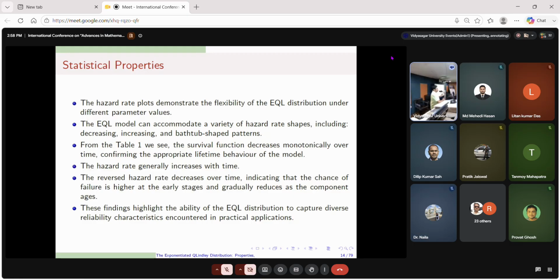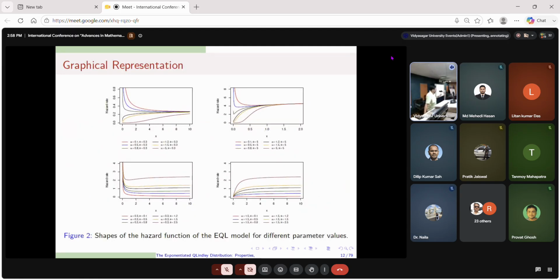Once you get a bathtub type shape, the survival function has very many applications. This type of distribution has many applications in reliability as well as actuarial science. Sometimes we have to get a bathtub shape curve, so it has many applications in reliability and actuarial science problems.